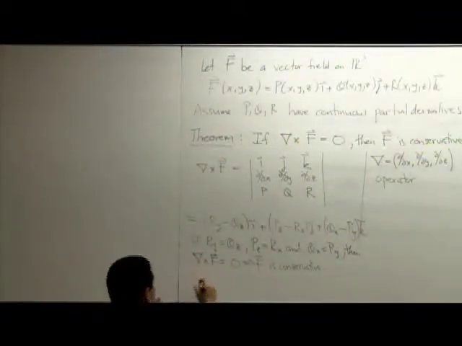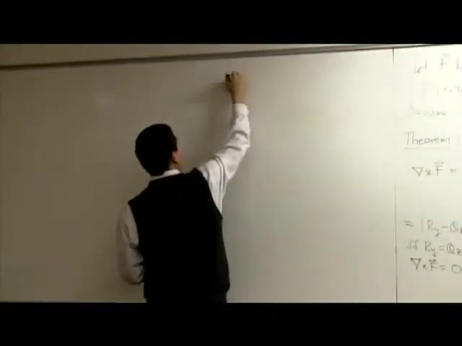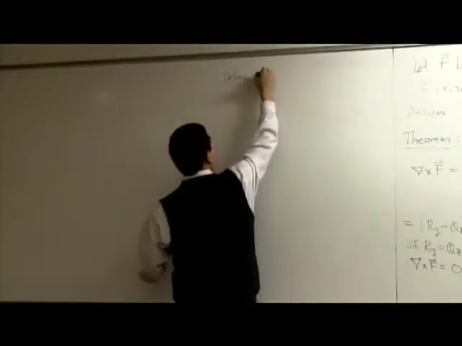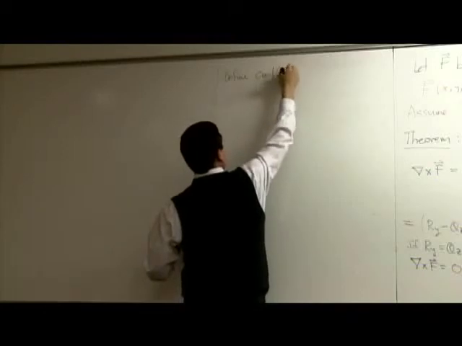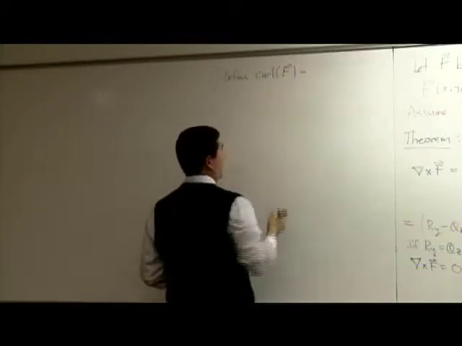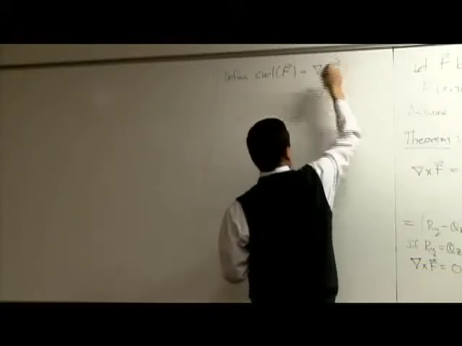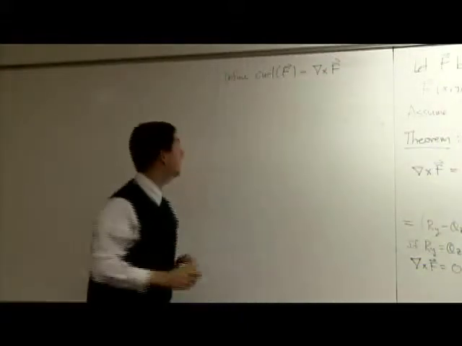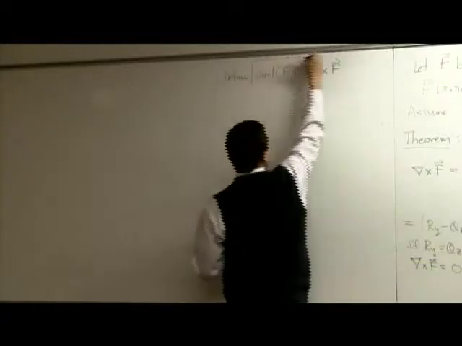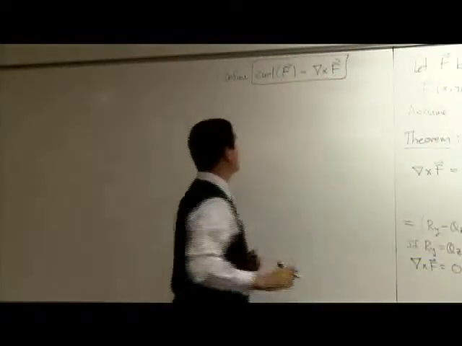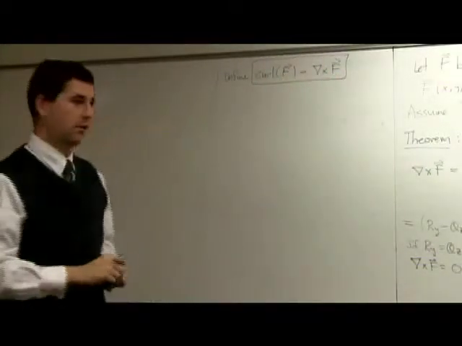So we define the curl of a vector field over R3 as the cross product of the gradient with the vector field. Okay, so this is just a definition. Just a name for it. So this is called the curl.